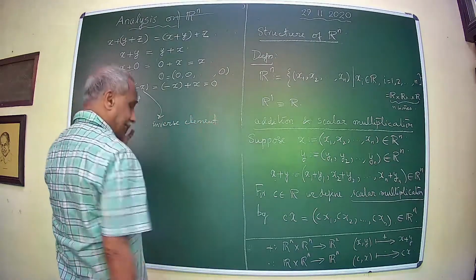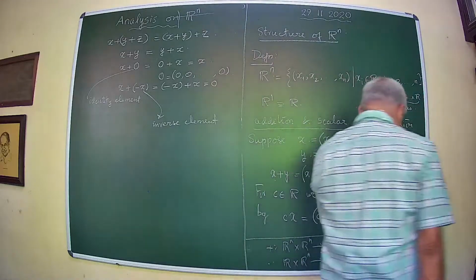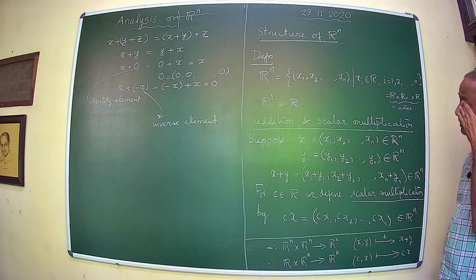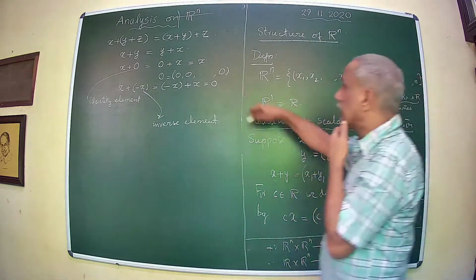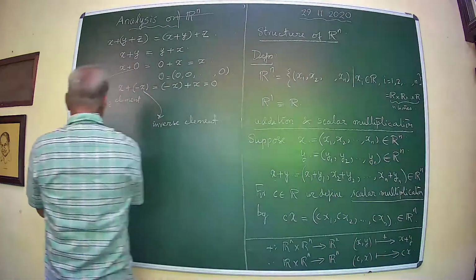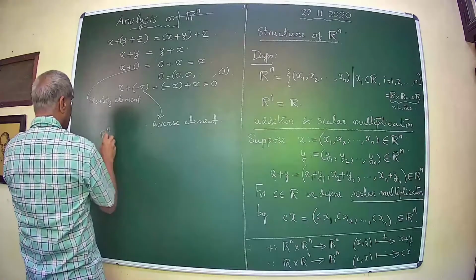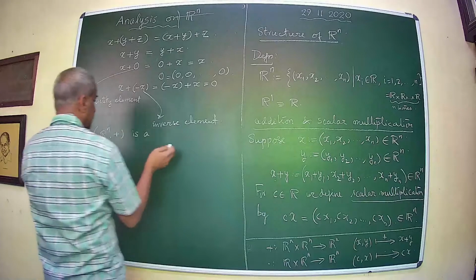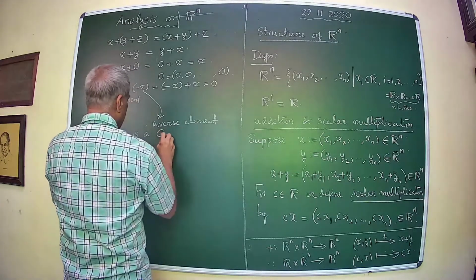So for every vector there is a unique inverse. There is an identity element in the space, and therefore you see that Rn is an abelian group.